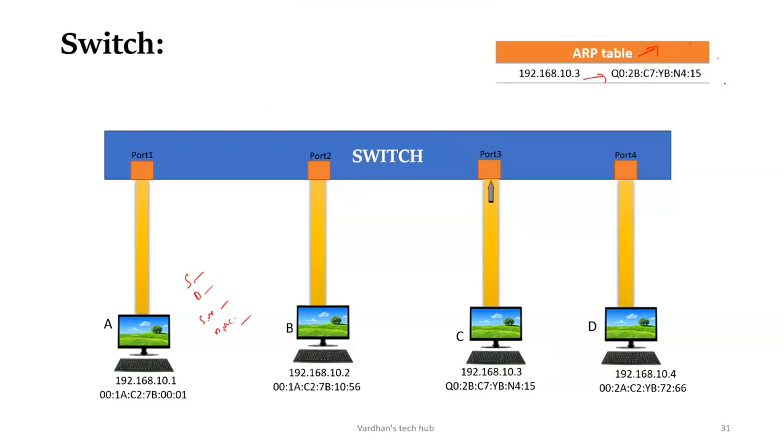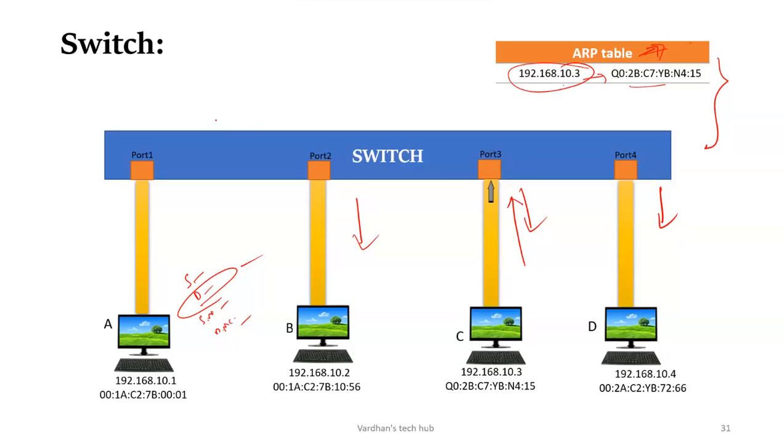It's a brand new switch, so it doesn't have ARP table information, and that's why it sends to all the other computers. Whoever owns the destination IP address responds back to the switch saying it's my MAC address, save it. That information is saved in the ARP table.